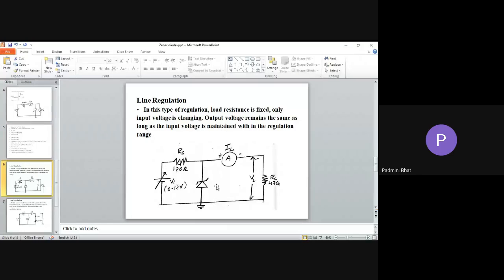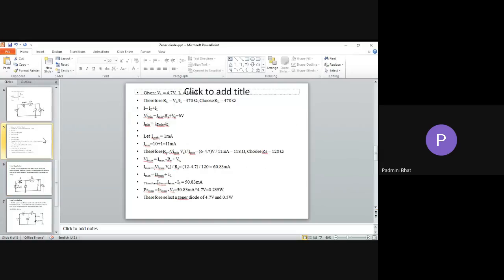Only here could be the fluctuation. Sometimes minimum current flows, sometimes maximum current flows. So that is IZ minimum plus IL. If you take IZ minimum equal to 1, then I get I minimum equal to 11. Substitute here I minimum and V minimum, which is 6 volts, and you get RS equal to 118 ohm, for which the standard value is 120 ohm.